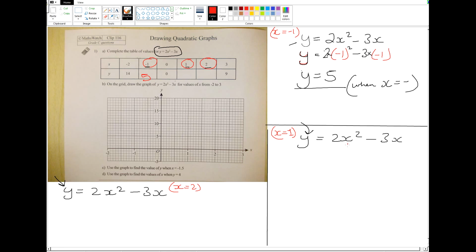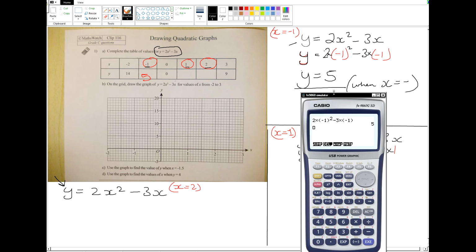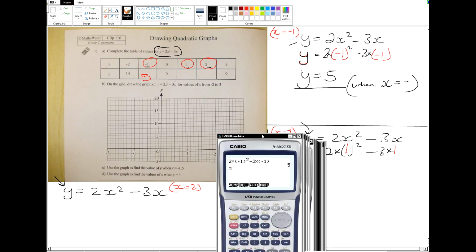So in here we put 1. So we say y is equal to 2 multiplied by 1 squared minus 3 times 1. So calculator, okay.